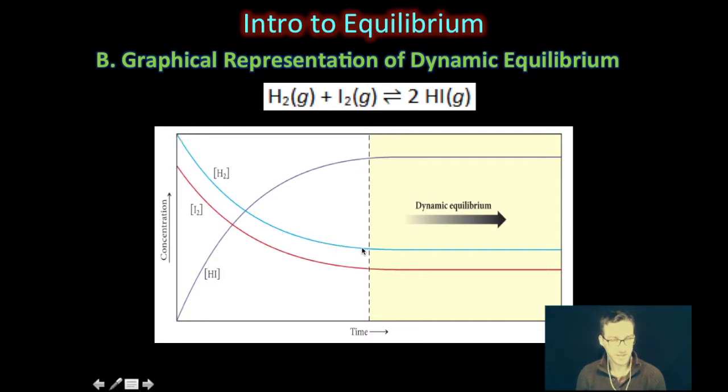As time progresses, your product HI concentration will increase until we reach a point where the rates of both the production of HI and the reformation of the elements hydrogen and iodine are occurring at the same rate. At that point, we consider the reaction to be in dynamic equilibrium.